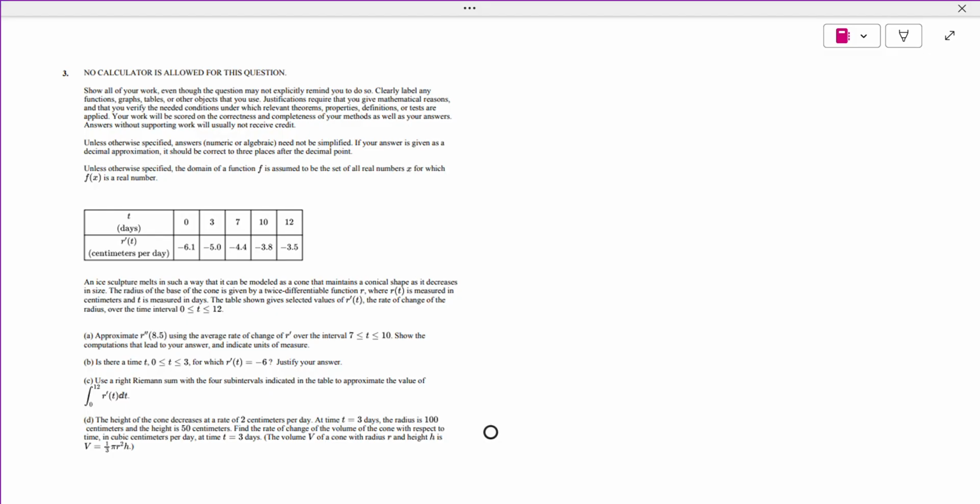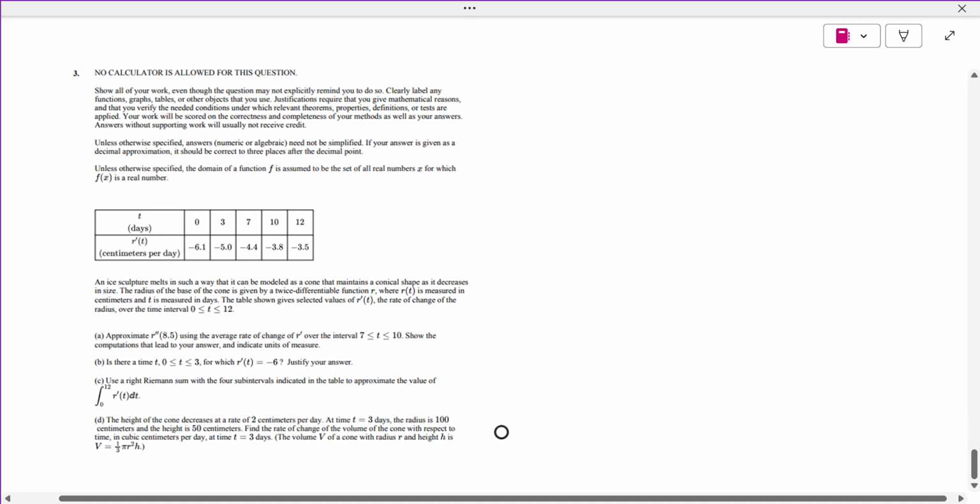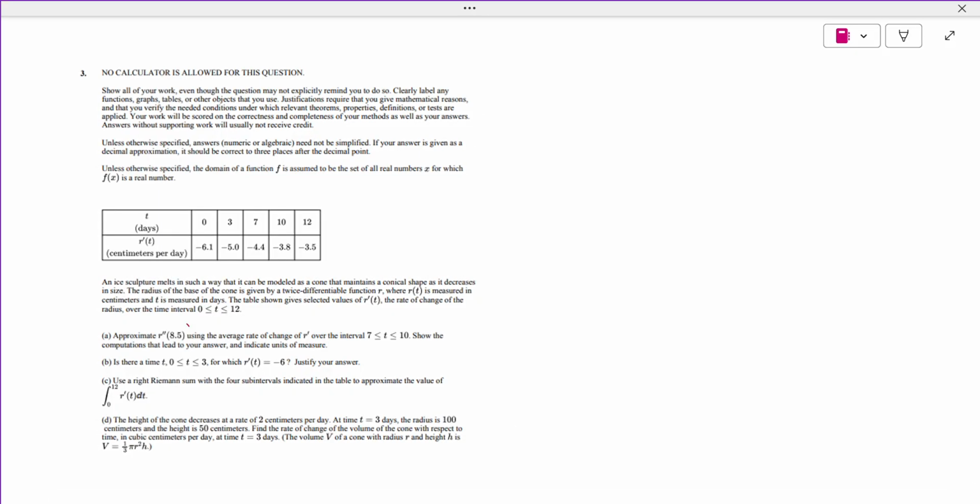Part A, approximate R double prime of 8.5, right? So we know that 8.5 lies between 7 and 10, right? So what we can do here for part A, we can say that it's R prime of 10 minus R prime of 7 over 10 minus 7. Both numbers are given in the table, okay?